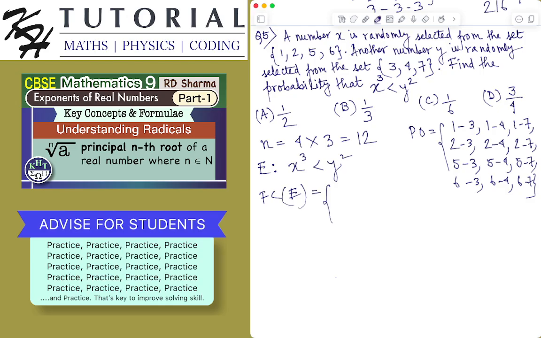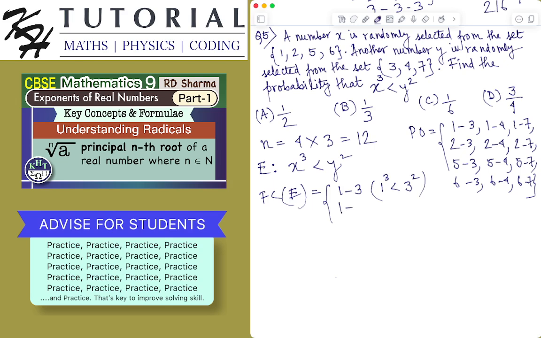Can it be 1, 3? Yes, it can be 1, 3, because this outcome is favorable to the event E, since 1 cube is obviously less than 3 square. Can it be 1, 4? Yes, it will be 1, 4.